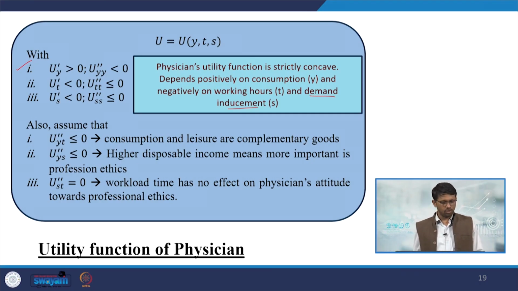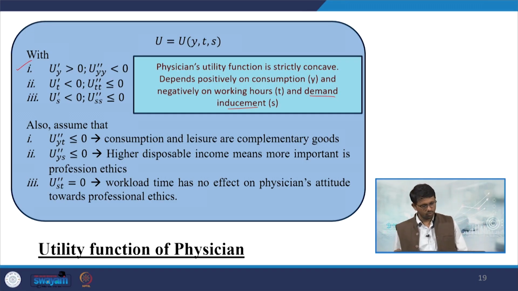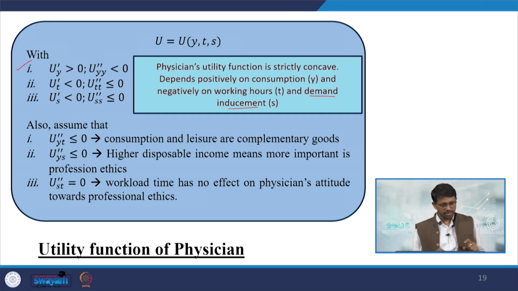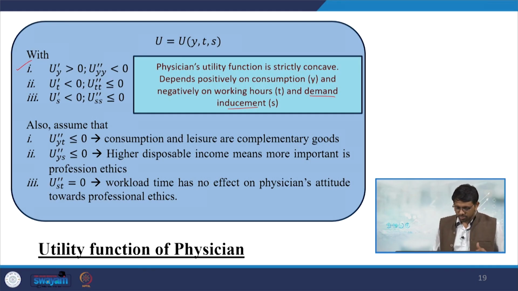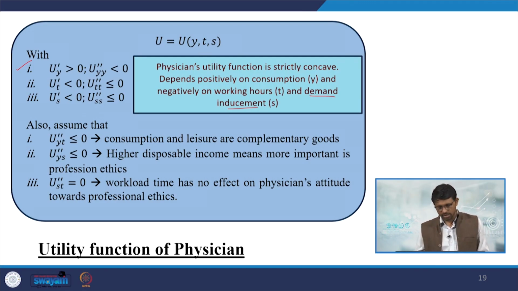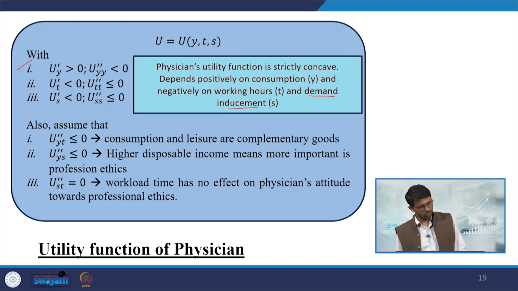Okay. So, we also assume the second derivative of the cross-substitution between Y and T. Why Y and T? Because we want to emphasize the complementarity between these two. Assume that these two, Y and T, that is consumption and leisure, are complementary goods. So, Y stands for consumption and T for the time left, or leisure, are complementary goods.